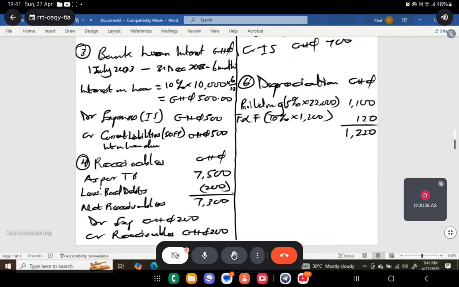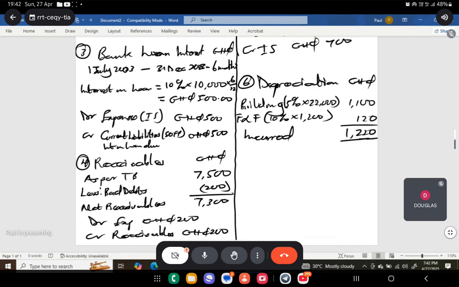So this becomes the depreciation that was incurred. You see, I told you that expenses is a cost that has been consumed. Like a building, for instance, when it loses value, that's what we call depreciation.